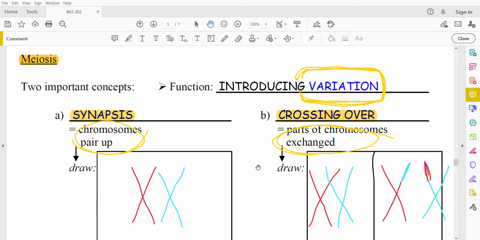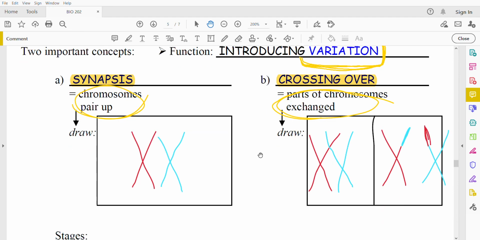There are multiple parts of these chromosomes that overlap with each other, so we see a lot more mixing up happening. But for the sake of keeping diagrams simple, when we're teaching this, we typically just show one side happening with the crossing over. I hope that helped to clarify the concepts of synapsis and crossing over.